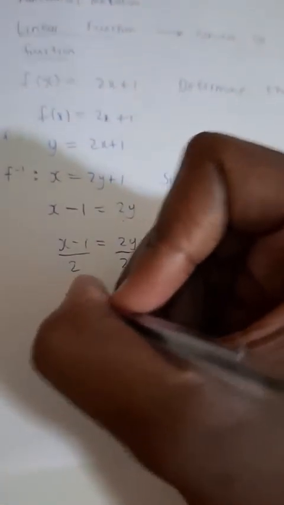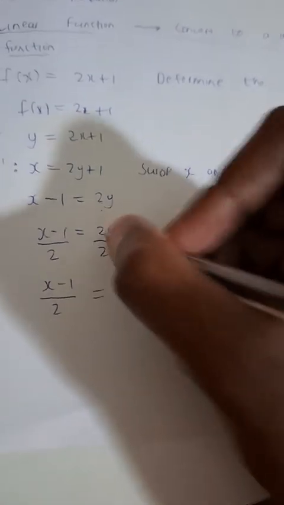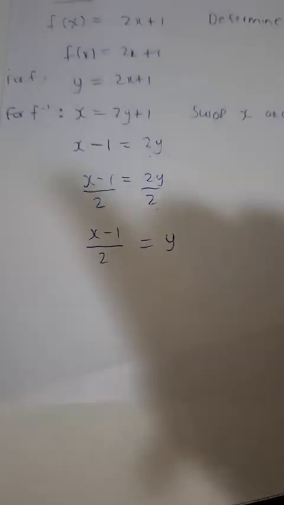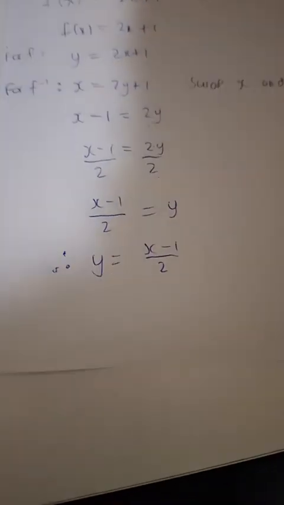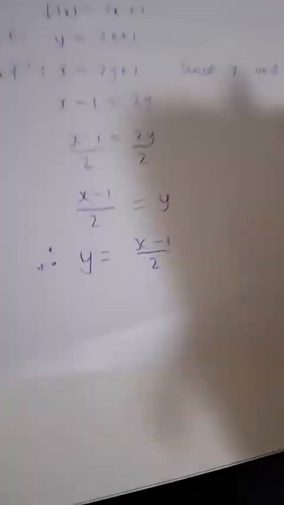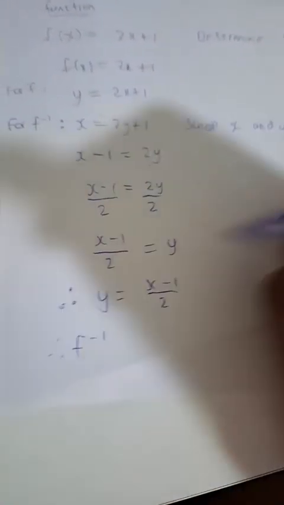Then you get x minus 1 over 2 is equal to, what's 2 divided by 2? That is y. So you can then conclude and say, therefore, y is equal to x minus 1 over 2.